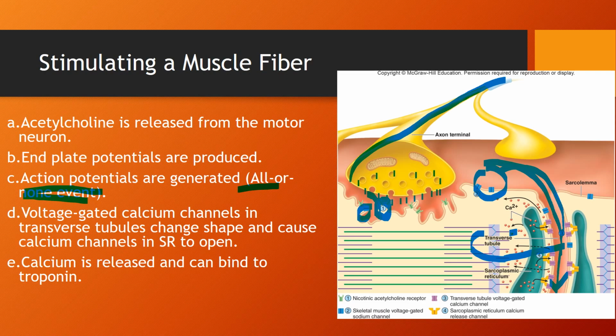And so calcium is going to come into the muscle, okay, and then it's going to bind to the troponin. Troponin and tropomyosin, sorry, are going to be moved out of the way from actin, again, so that actin and myosin can interact, and then actin is going to move towards that M line, causing contraction.